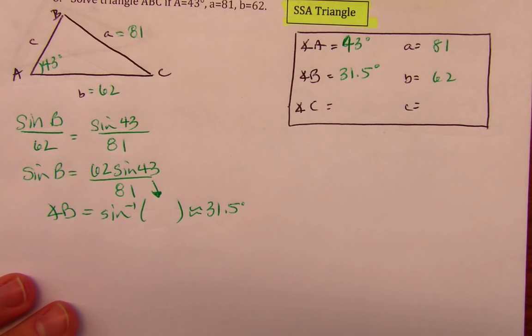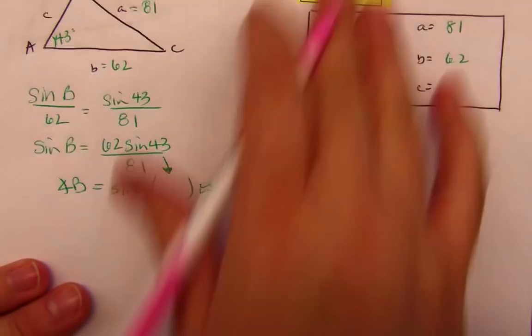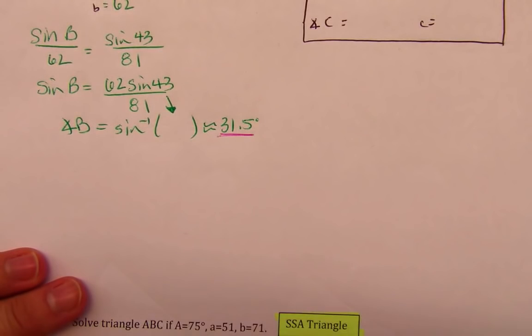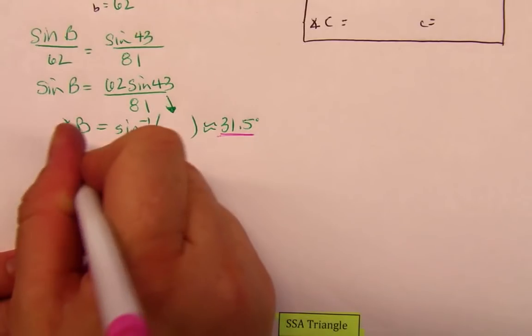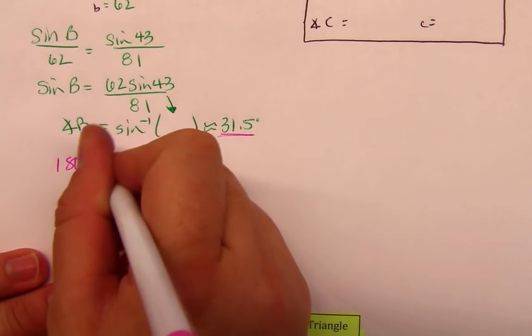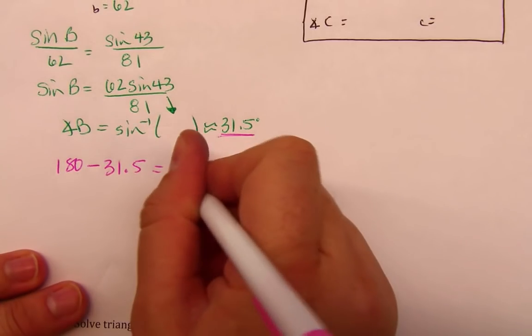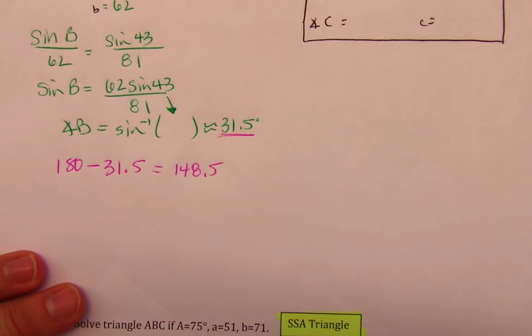Okay. Now this is where we need to be really careful because it's possible that we could have two angle B's. So this number right here, what we're going to do is 180 minus 31.5 gives us 148.5.